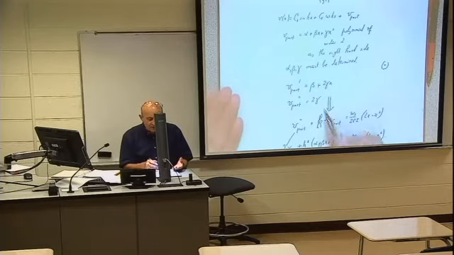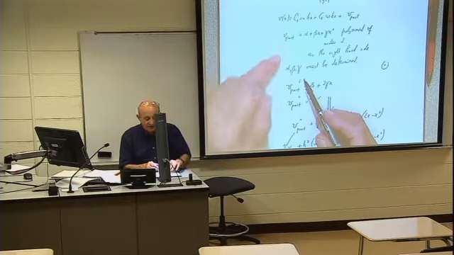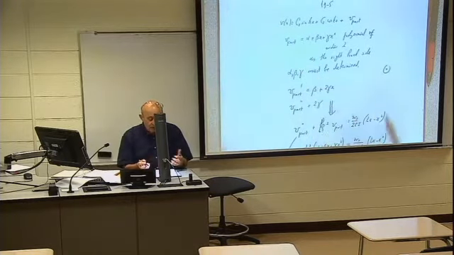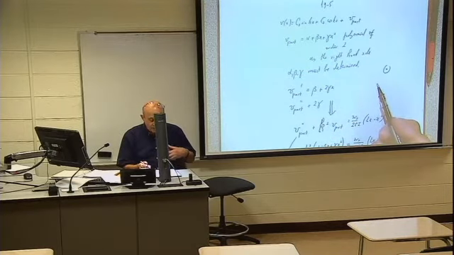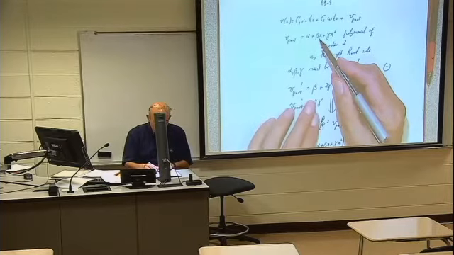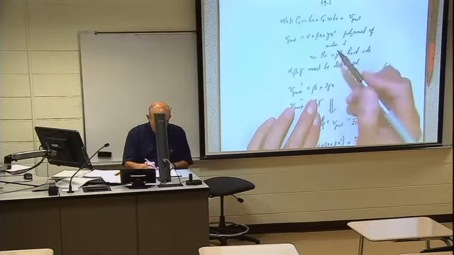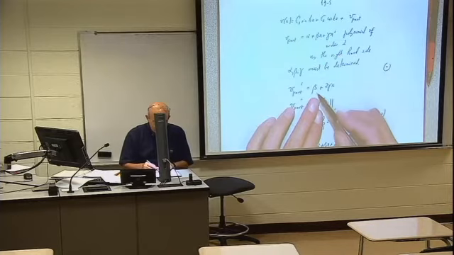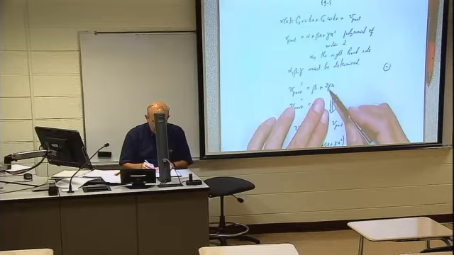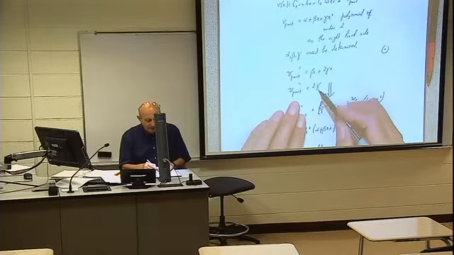Let us calculate. I have to substitute this V particular into the differential equation to check whether it satisfies it or not. The first derivative of alpha is 0. The first derivative of beta x is just beta. The first derivative of gamma x squared is 2 gamma x. The second derivative is 2 gamma.